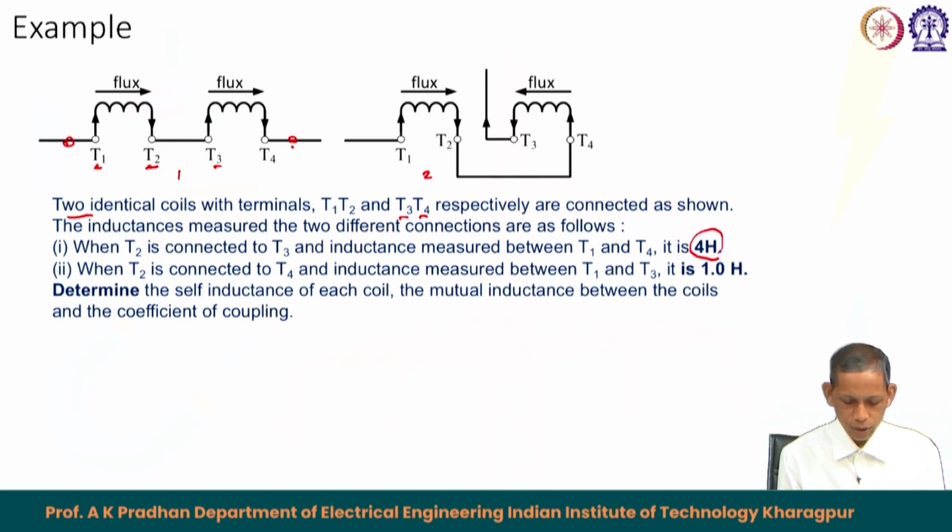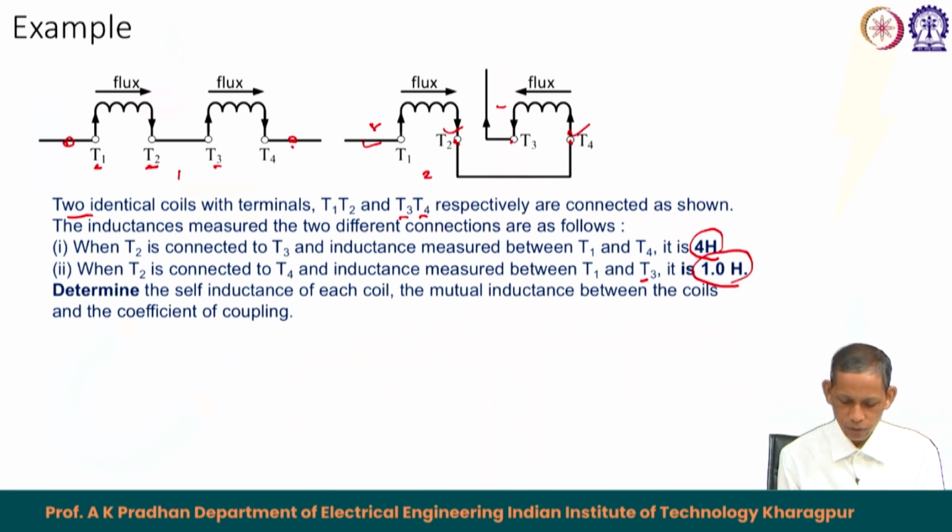When T2 is connected to T4, not T3, this is the connection, then the inductance measured between T1 and T3 in this second one becomes 1 Henry.